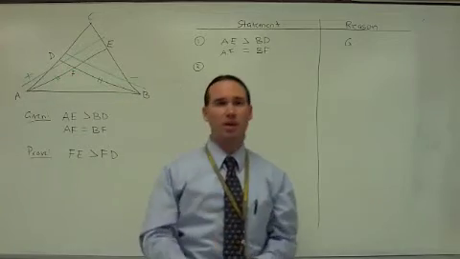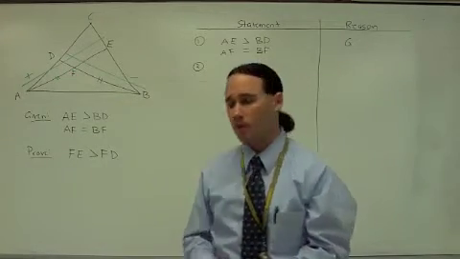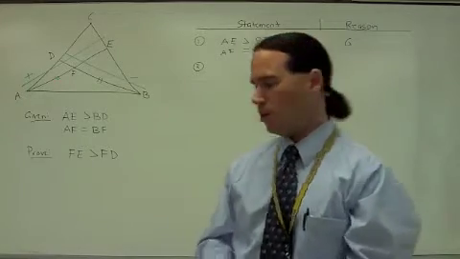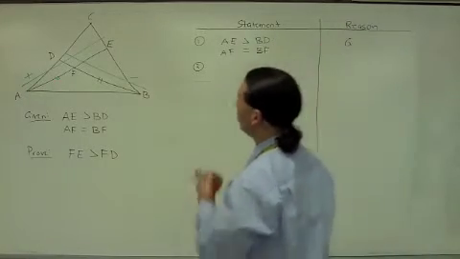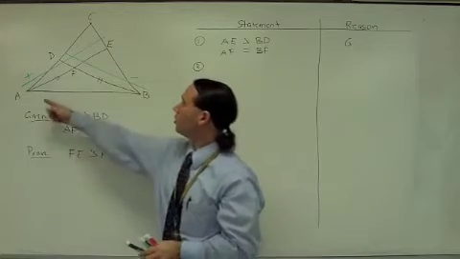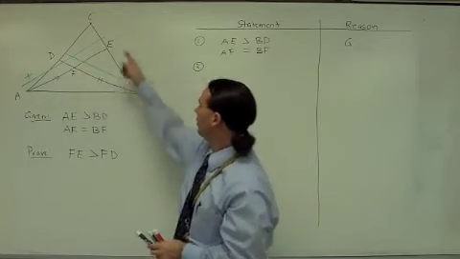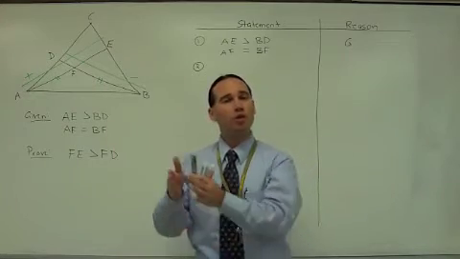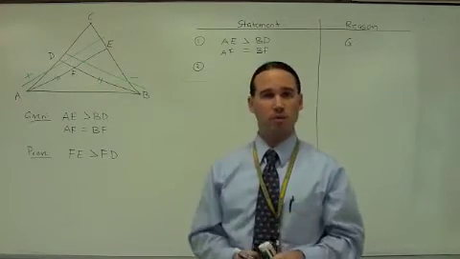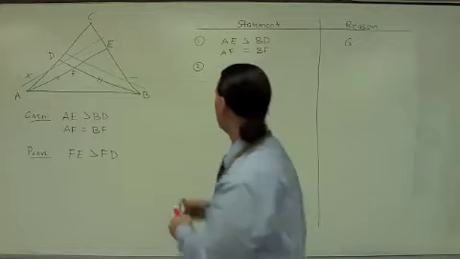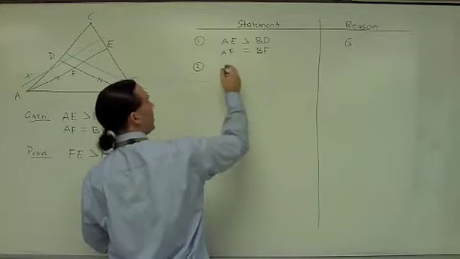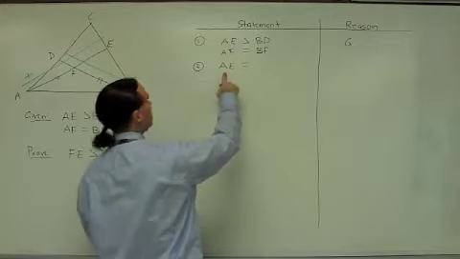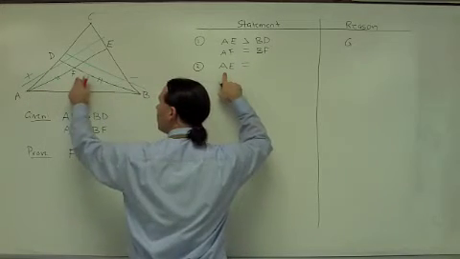So we're going to set this up just like any other subtraction problem. In subtraction, of course, you need to start with a partition step. What are we going to partition? We're going to partition our large pieces, AE and BD. Now, since we're working with measurements, we're not going to use congruent segments equal to sum of congruent segments. We're going to use measurements. So we'll say in step 2 that AE, the length, is equal to AF plus FE.